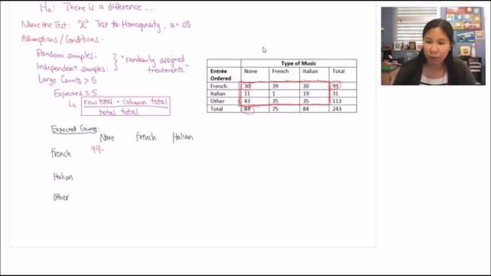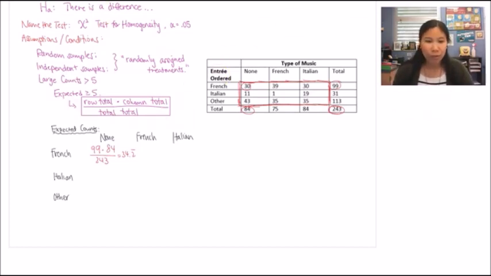So that column for the value of 30 is 84. And then we're going to divide by our total, which is the total of the entire table, which is 243. Okay, so when I multiply that out and divide, I end up with 34.2 repeating.